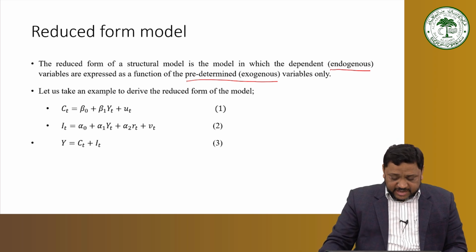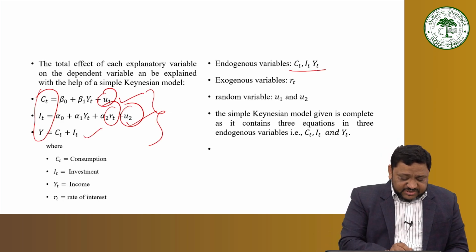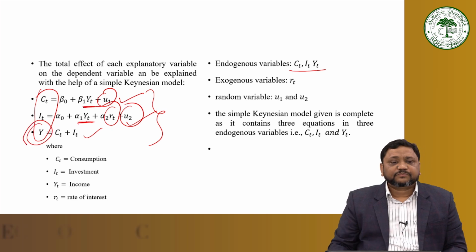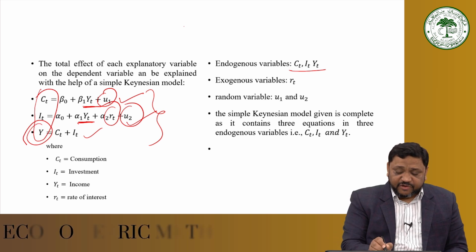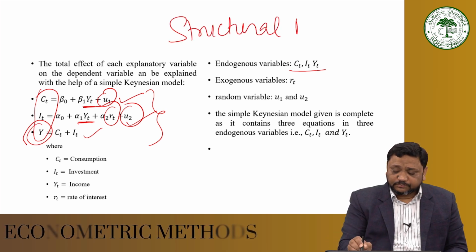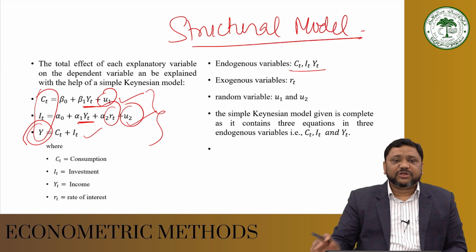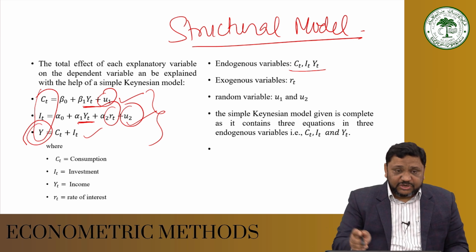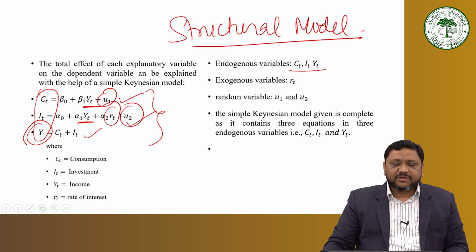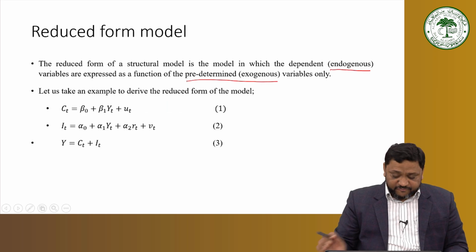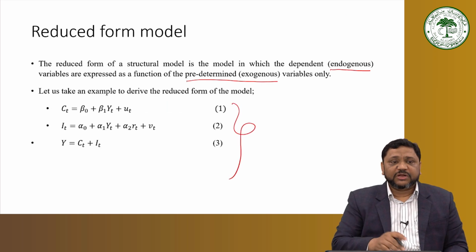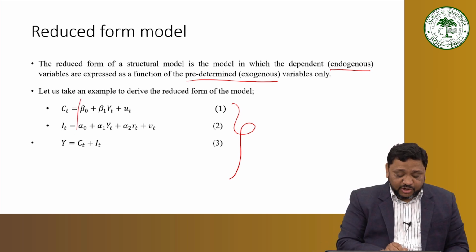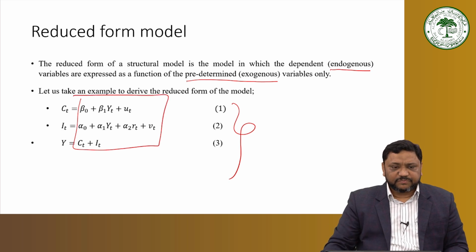If you look over here, yt is being determined in the system, but yt is also on the right hand side. This is the case of a structural model, where the endogenous variable is also present on the right hand side. When we change this model into its reduced form, we will find that no endogenous variable is present on the right hand side of the equations.